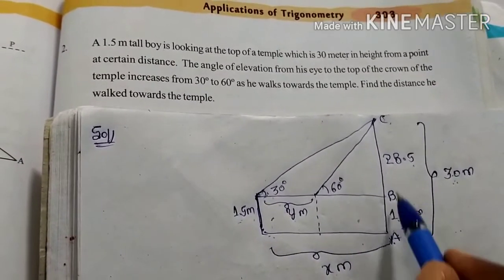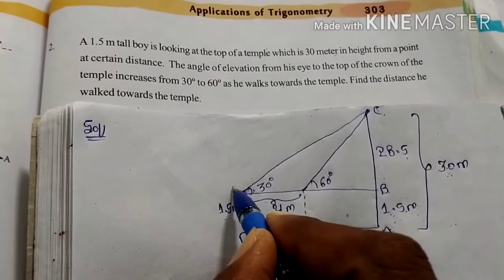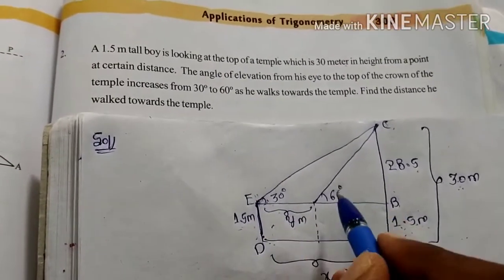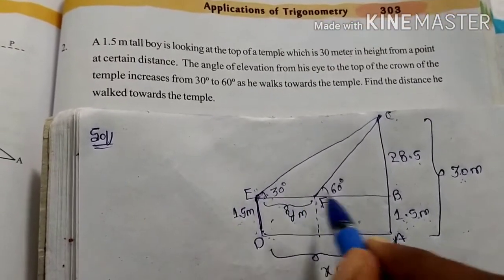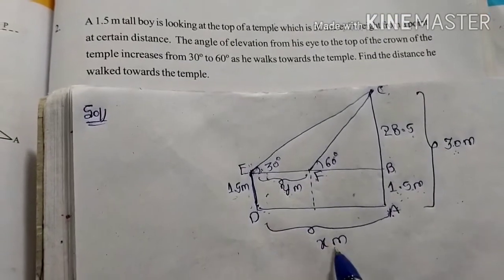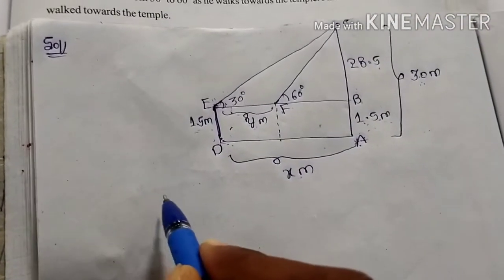Already A, B, C is completed. Next, D is the height of the boy. You can take E and F. EF is equal to y meters. Then AD is equal to x meters. Now you can write the detailed solution from the figure.